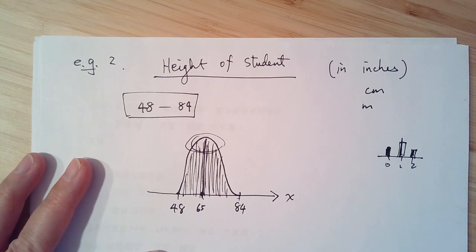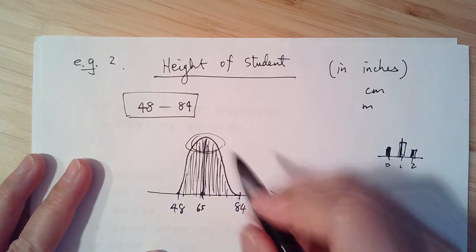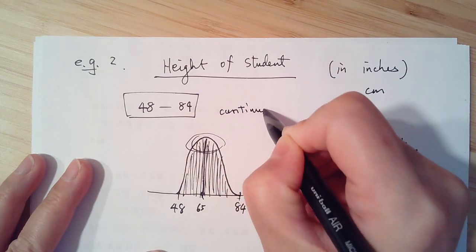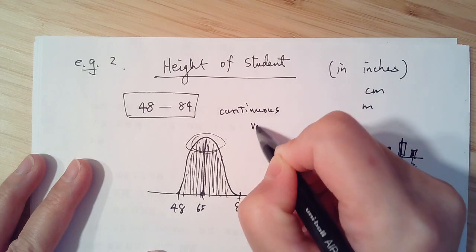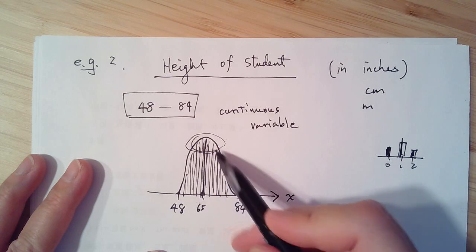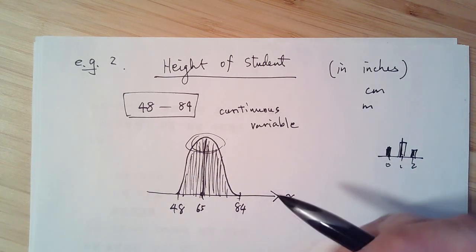We're going to deal with this a lot in the future, but right now you just remember what I told you. For a continuous variable, the graph of this probability distribution is going to look like a curve.